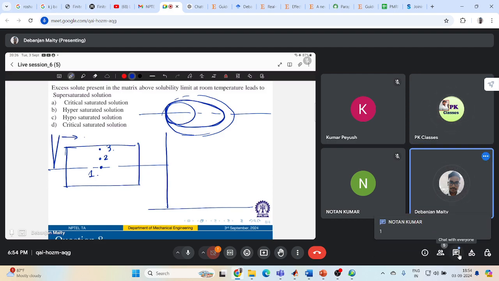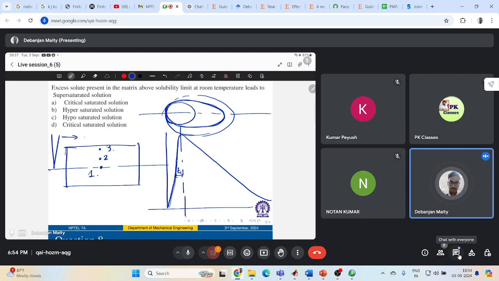Right. So let's say it is something like this. There will be sudden heating, so the temperature will shoot up. At a certain point of time, let's say this is temperature T1.